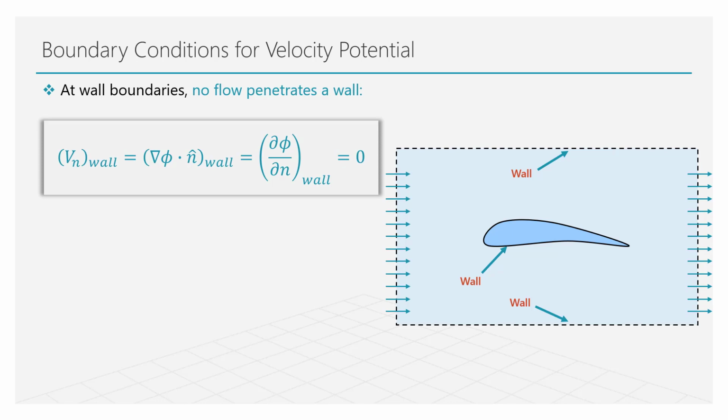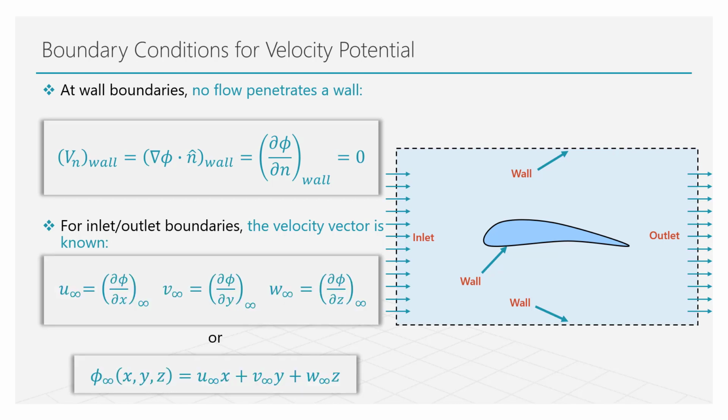The left and the right faces of the domain are designated as the inlet and the outlet boundaries. Since we know that the flow is entering and exiting the domain through these boundaries, the velocity of the fluid at these boundaries is known and is equal to the gradient of the velocity potential, which we know.